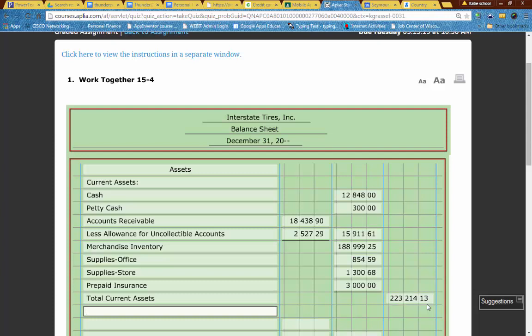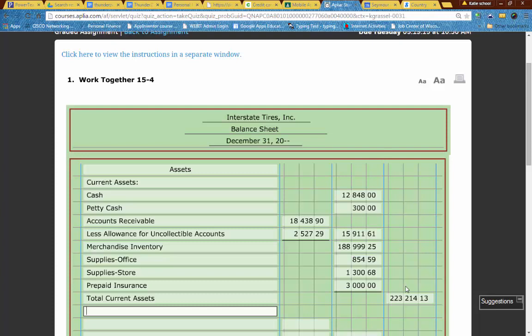I'll find a number I agree with. You are adding down these numbers right here. Only this column, because this 15,000 is already from over there. Does that make sense? So you're only adding down that middle column. So that is our total current assets.